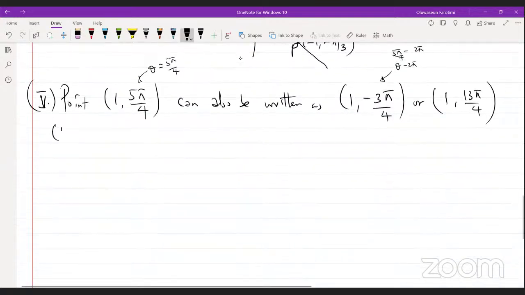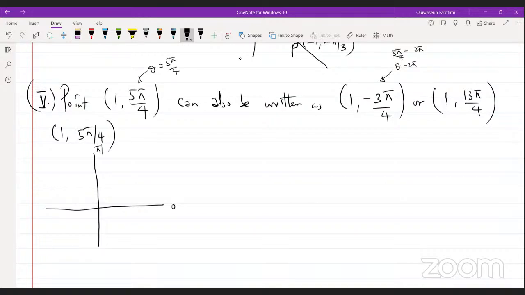So now let's start with this one. Let's plot 1, 5 pi over 4. Take note, what is theta here? It's positive, right? What direction are we traveling? Counterclockwise, so I'm going this way. This is 0, this is pi over 2, this is pi, this is 3 pi over 2.